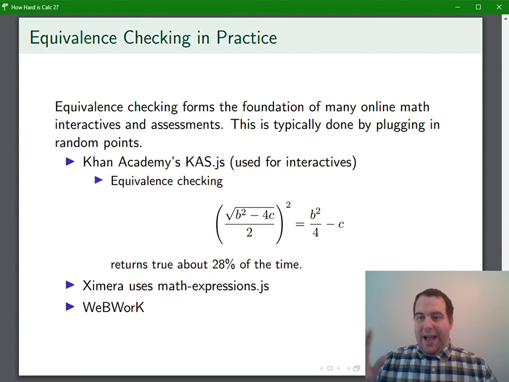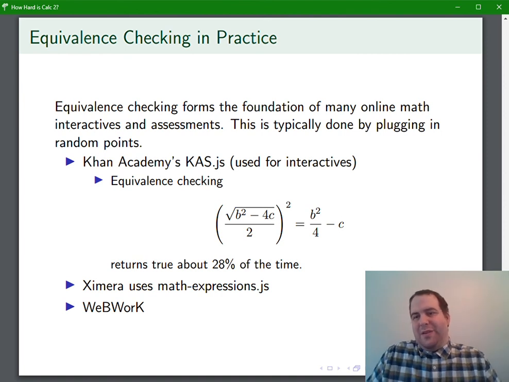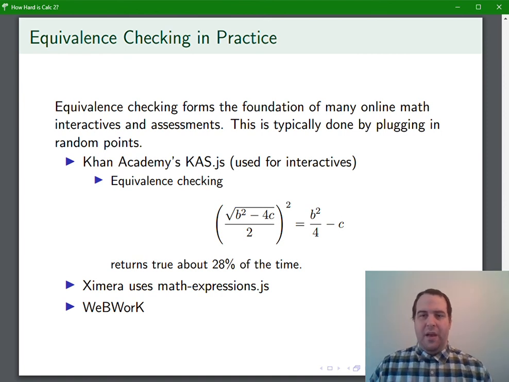Students are going to be a lot happier if you occasionally, very rarely, give them a false positive, right? Their answer is wrong, but you tell them that it's correct, and that's okay. Students aren't going to mind, and maybe won't even notice.